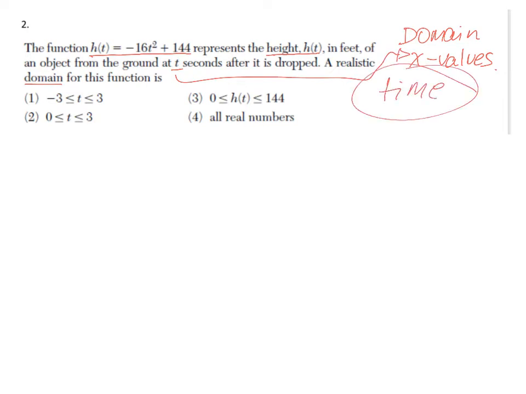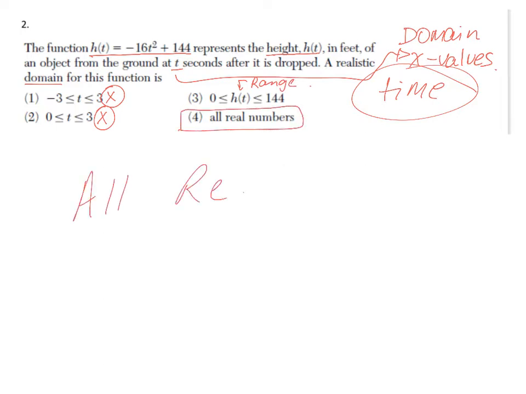What are the possibilities for time? Can we have negative time? We cannot have negative time, right? Can we have 0 till 3? Yes, we can. But can we have beyond 3 seconds? So even this is wrong. So we don't need the height. If the question was range, then this would be the solution. But we will go for all real values because the time can be anything.